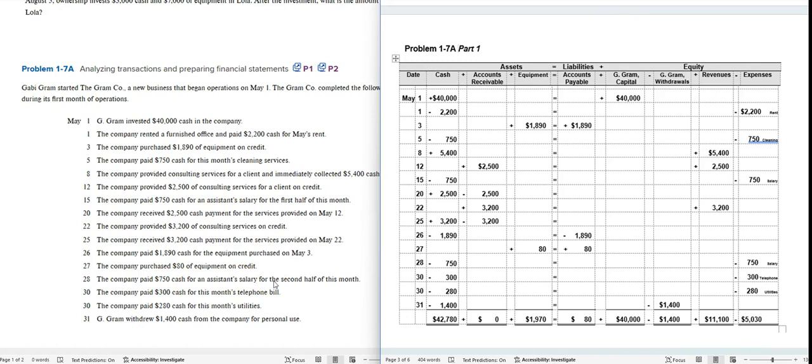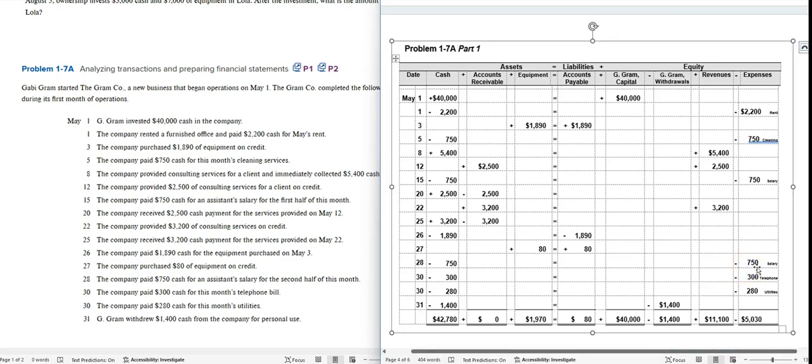Second payday of the month, salaries and wages are an expense to the company, so we are going to increase our expenses. Decrease cash $750, add to our expenses, increasing our expenses. The more the expenses increase, the more they are causing overall equity to go down.